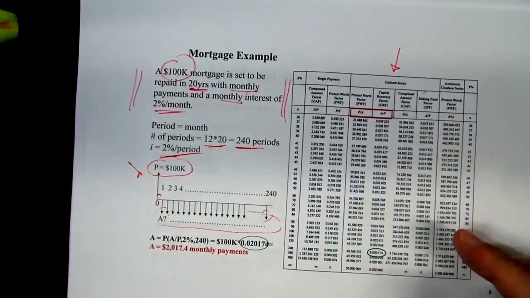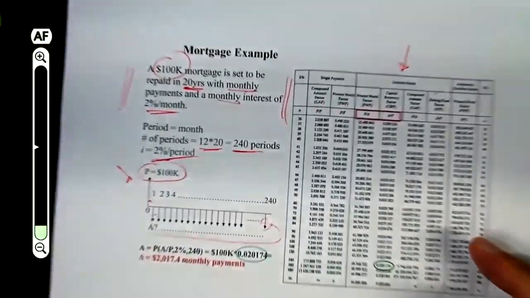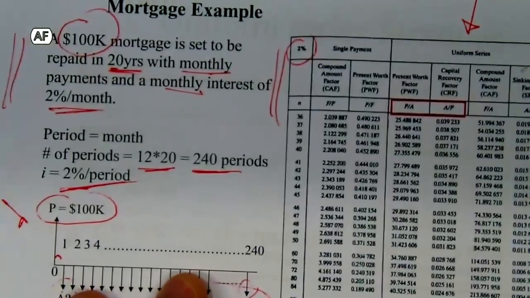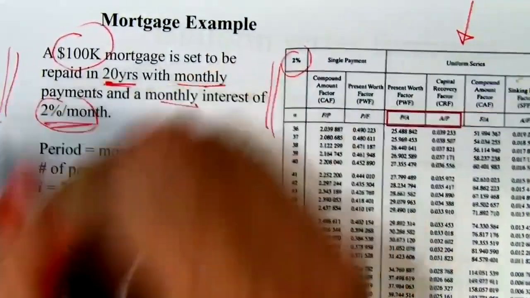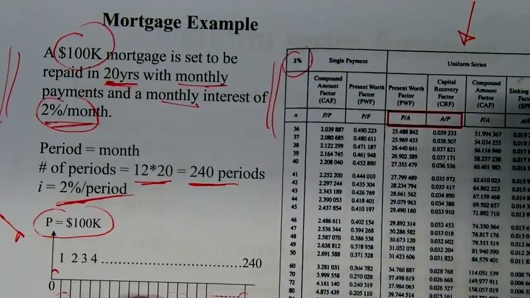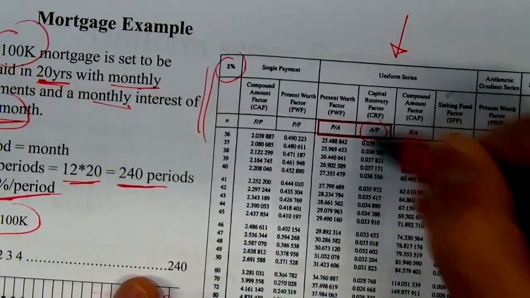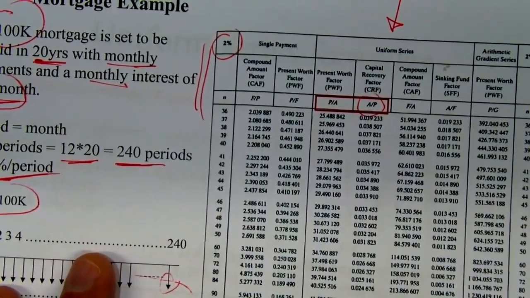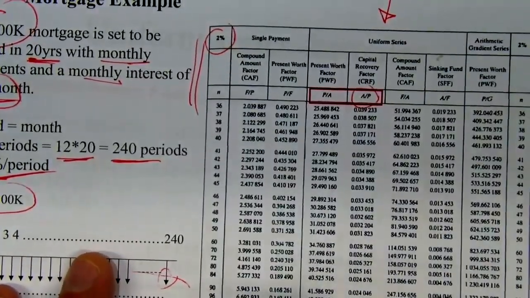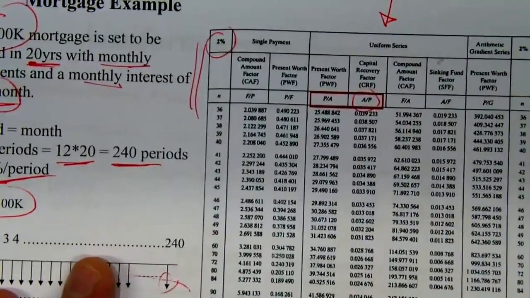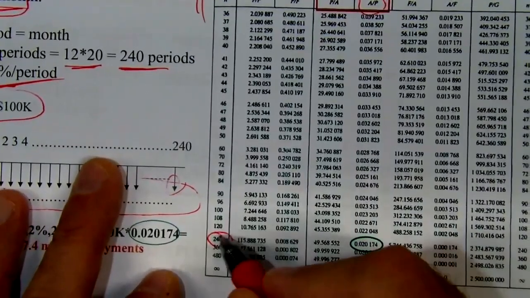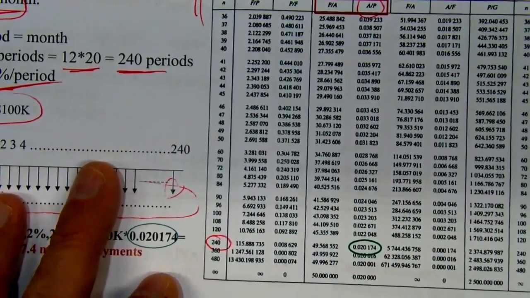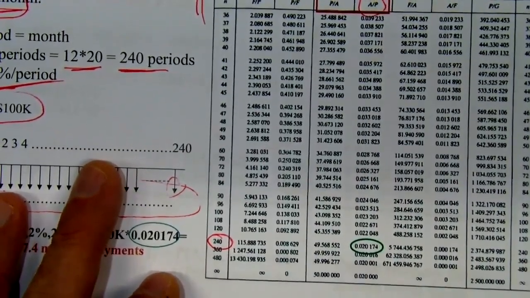It's a little bit too small here, this one maybe, but if you look closely, there's the 2% page, which is associated with the 2% you have here. You're looking at the A given P column because you want to find A given a certain P. And you look at the 240, sorry, here it is, 240 periods of your mortgage.